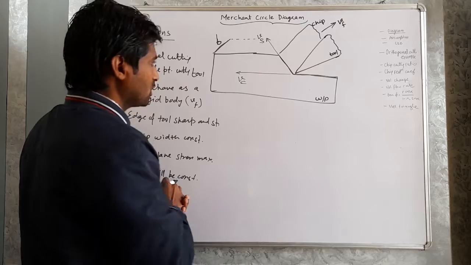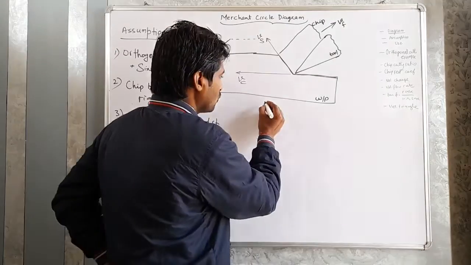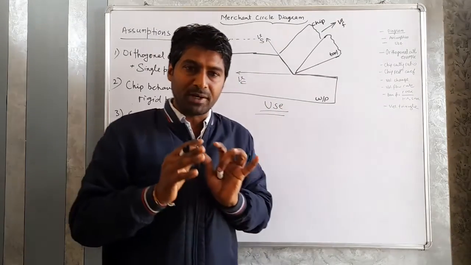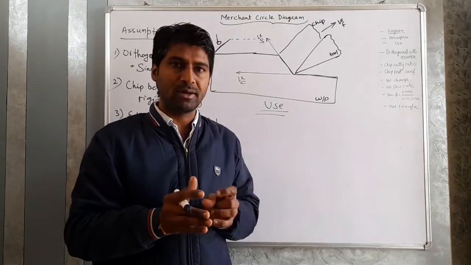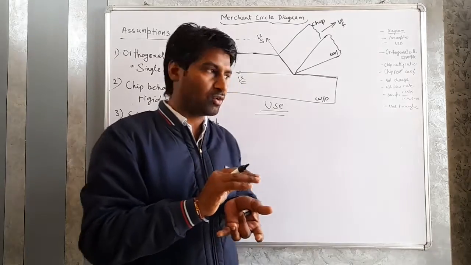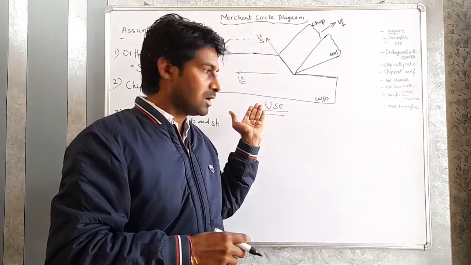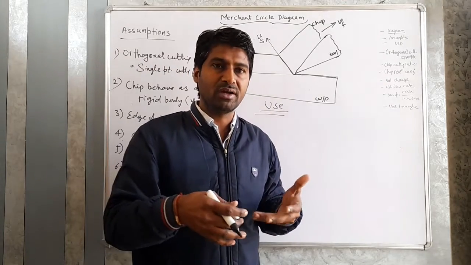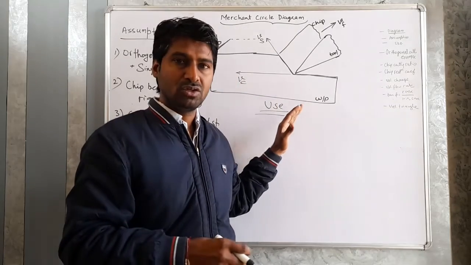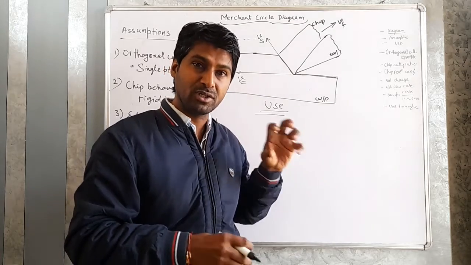Next I will discuss the uses of the Merchant circle diagram. This diagram is particularly used to determine the various cutting forces involved in the cutting operation. Why are we determining these forces? These forces will be used to determine the power consumption in cutting.